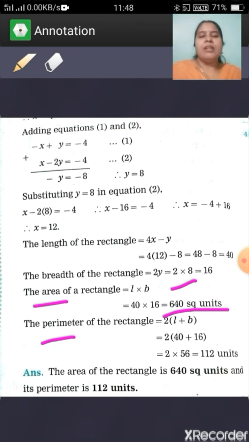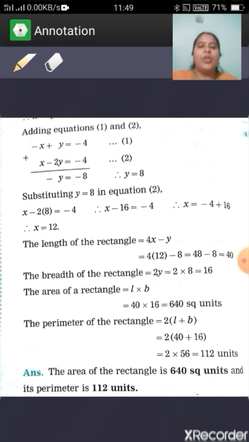Since here it is not specified whether it is meter or centimeter, we write square units. Similarly, the perimeter of a rectangle is 2 into L plus B. Substituting the values, we get 2 into 40 plus 16, so that is 2 into 56, that is equal to 112 units.